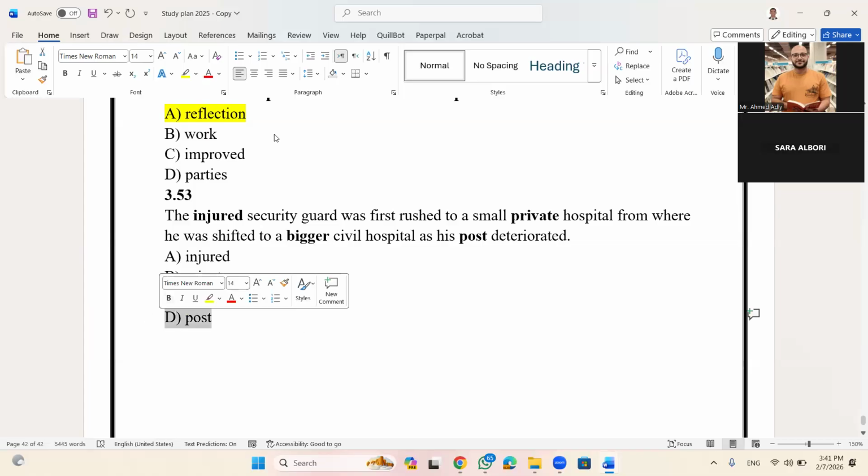We say his health. Post is a job. The injured security guard was first rushed to a small private hospital from where he was shifted to a bigger civil hospital as his health deteriorated. Deteriorated means got worse. Good job, Sarah. Any questions? No, thank you.